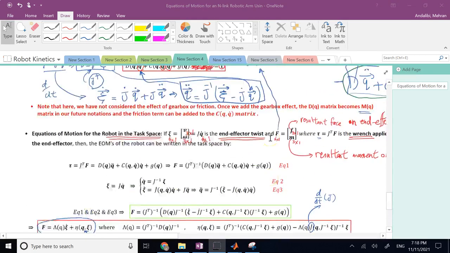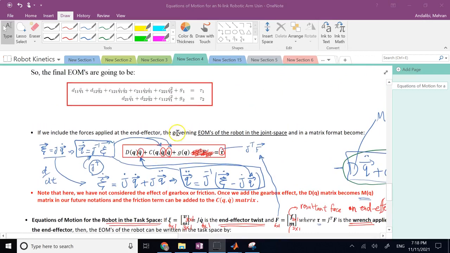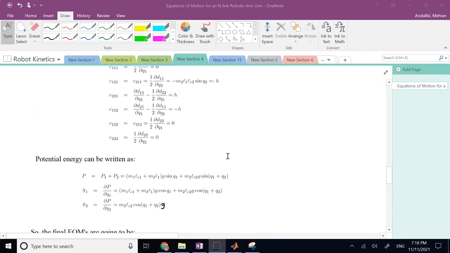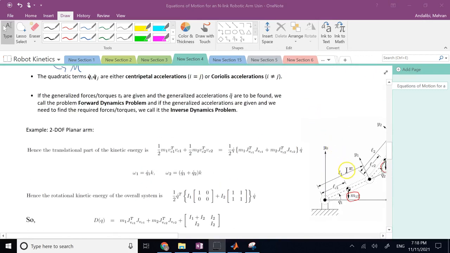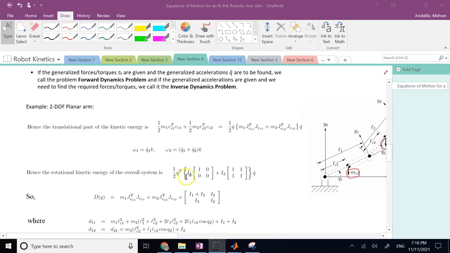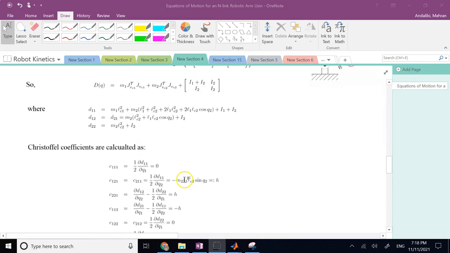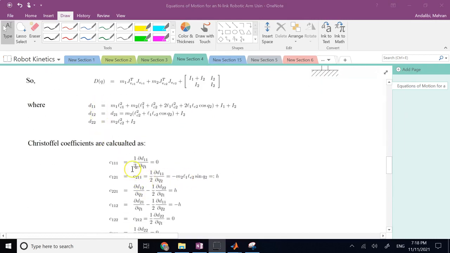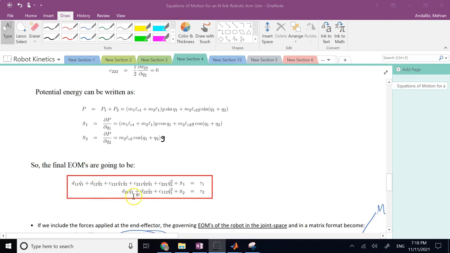Now remember that deriving the equations of motion in joint space was not really an easy process, even for the 2 degree of freedom planar arm, which is almost the simplest robot you can imagine. We had to find JV, J omega, I matrices, D's, C's, G's, and everything.